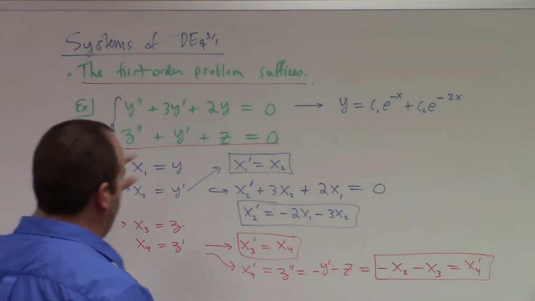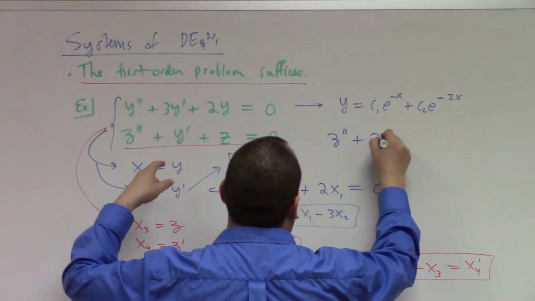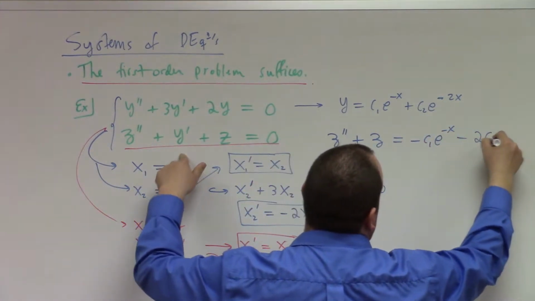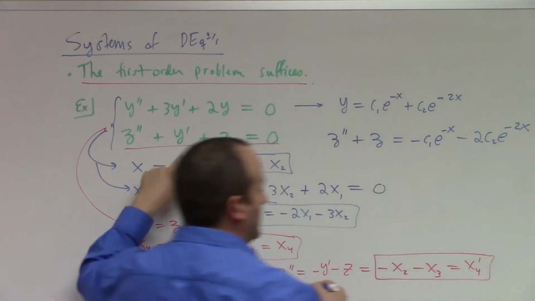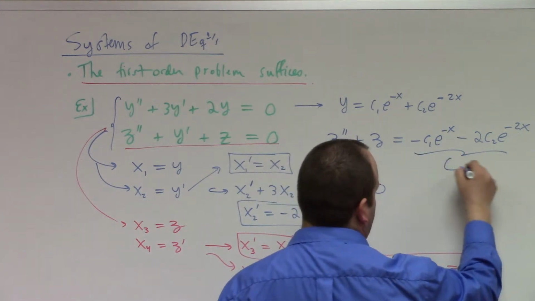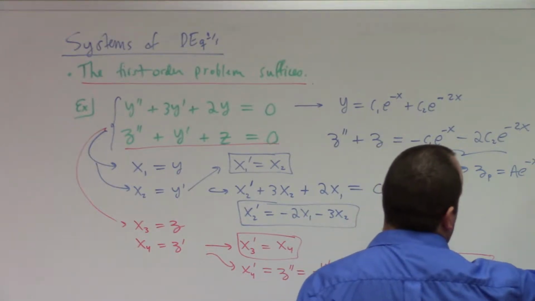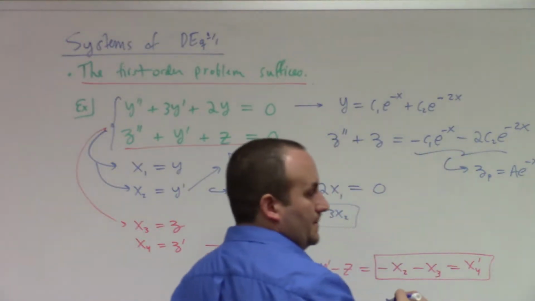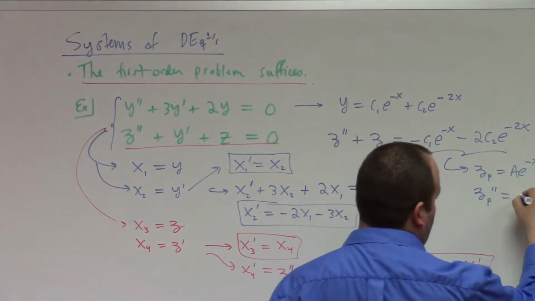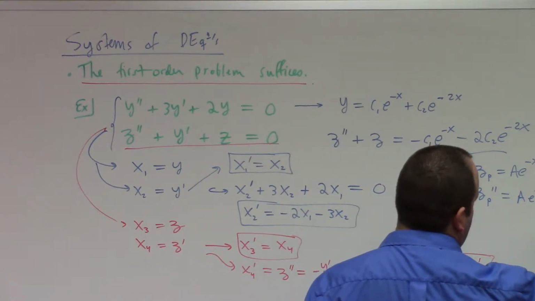That gives me those roots. Then I plug that into here, and I get z prime prime plus z is equal to minus c1 e to the minus x minus 2c2 e to the minus 2x. And so this suggests a particular solution, Zp, of a e to the minus x plus b e to the minus 2x, which, by the way, gives me Zp prime prime is a e to the minus x plus 4b e to the minus 2x.